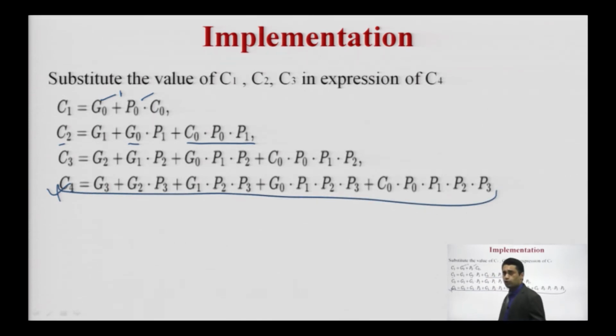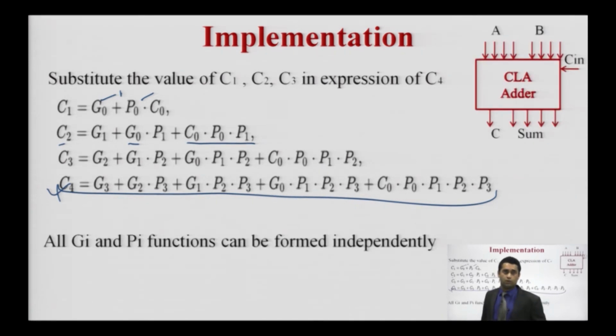And the beauty of the algorithm is that all these propagating and generating functions, all these operations, are independent of each other. When we compute the generation functions and propagating functions, these are independent. For finding the final carry, it is not required to wait for all three adders to compute first.